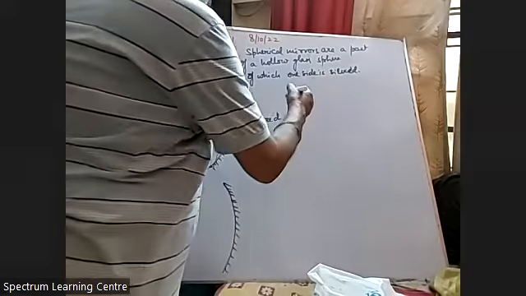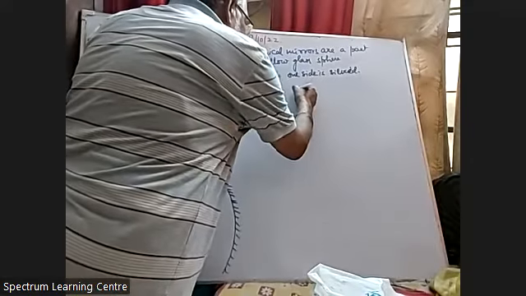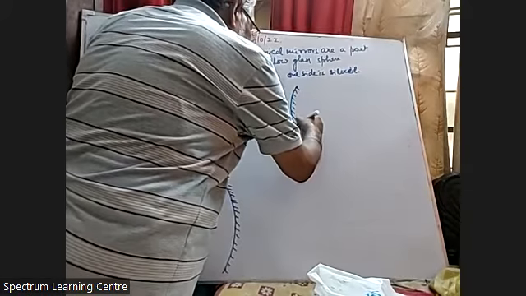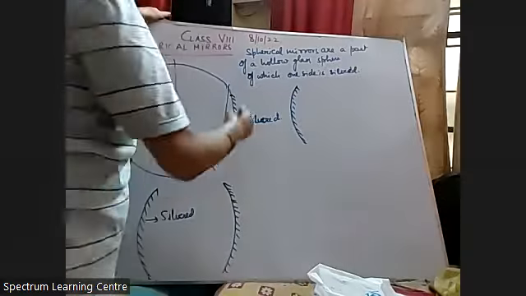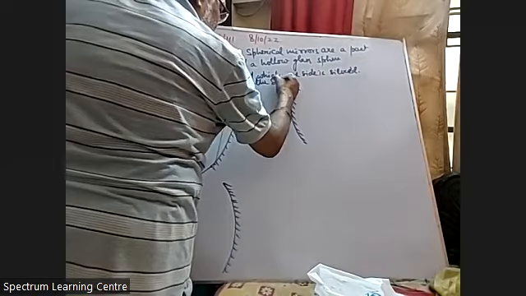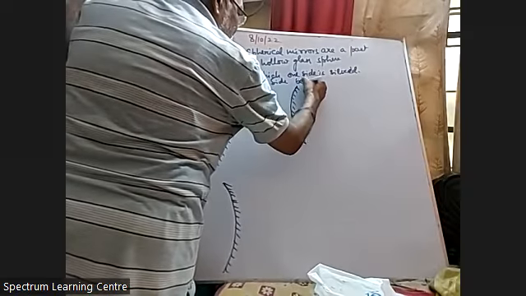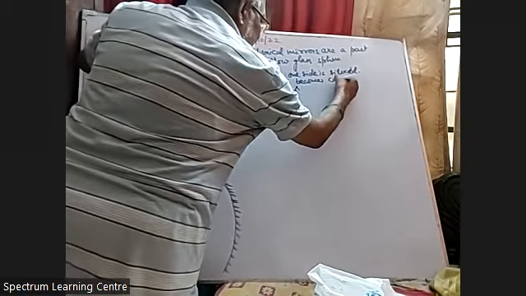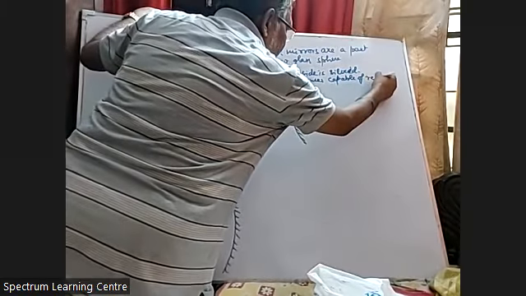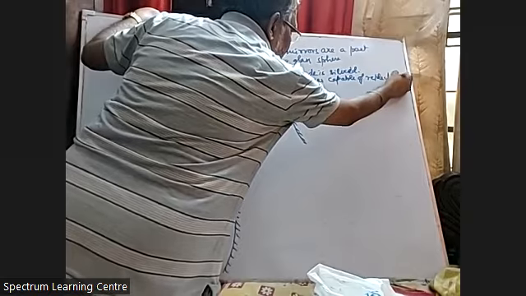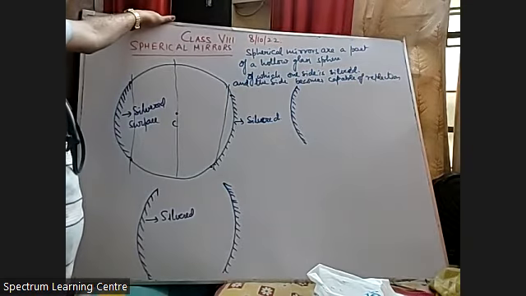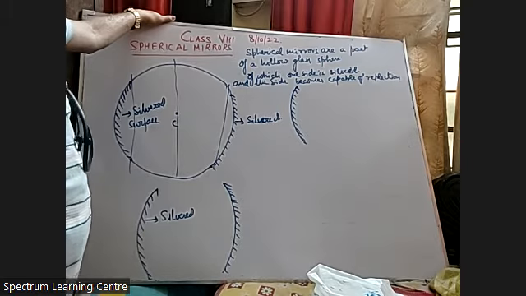So we get two types of mirrors. And the other side becomes capable of reflection, right?